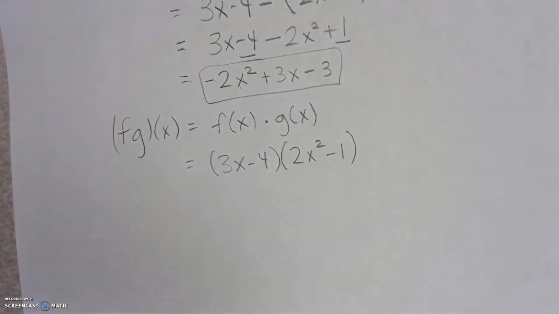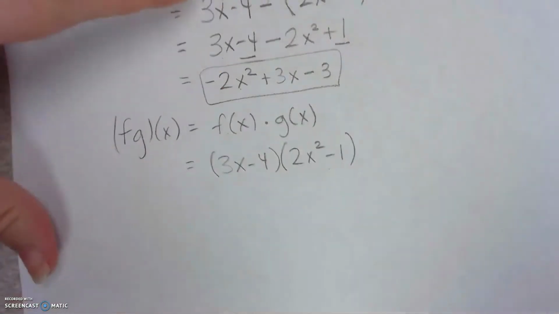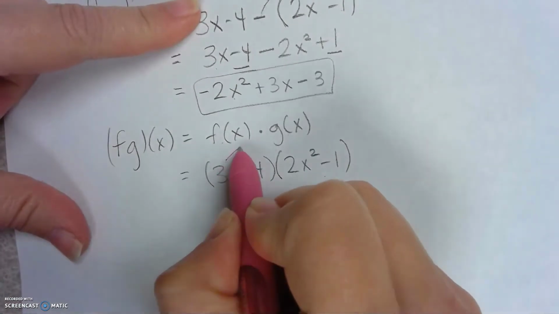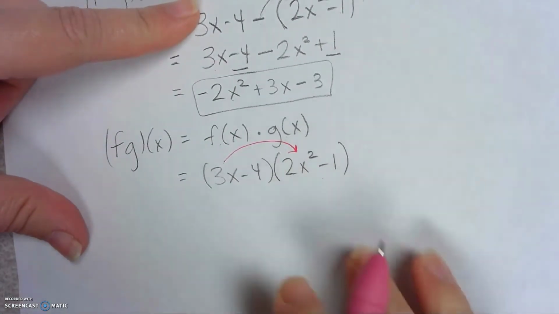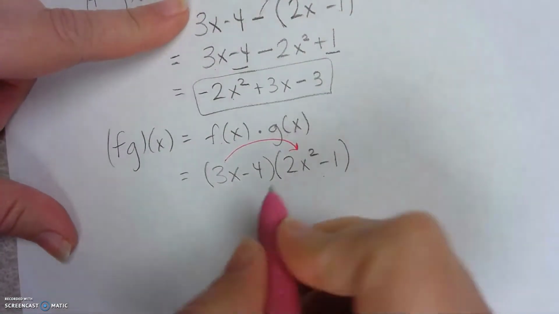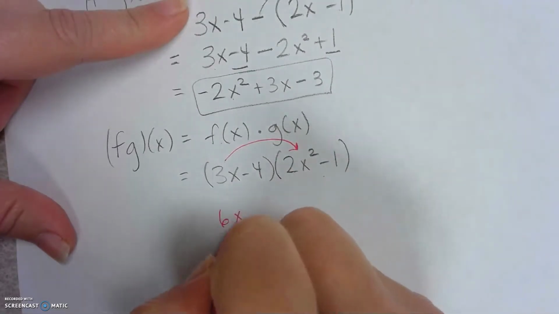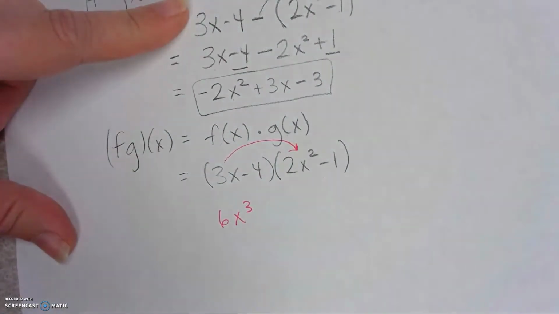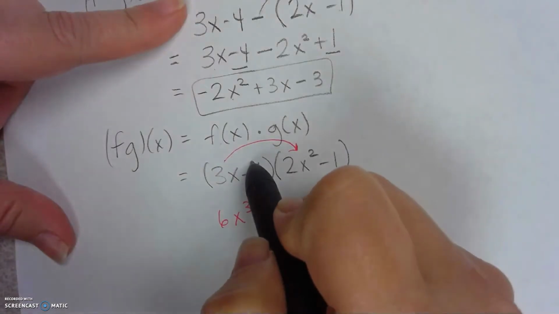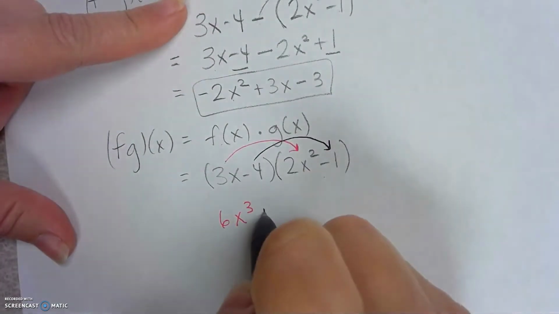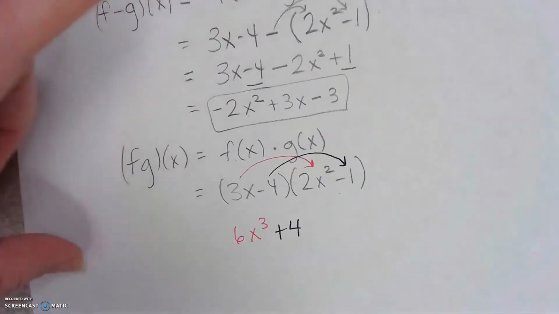Now make sure you get them in parentheses so that the two functions are being multiplied together. Alright, remember to multiply them. We take each term times each term in the second one, so 3x times 2x squared would be 6x cubed. And then negative 4 times negative 1 is positive 4.